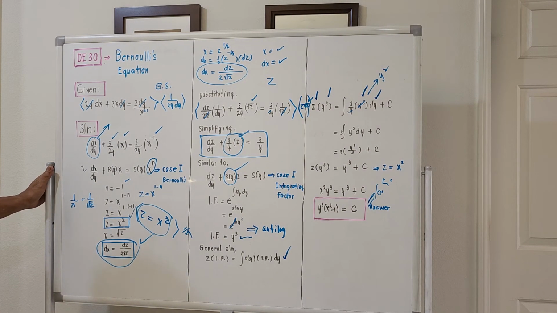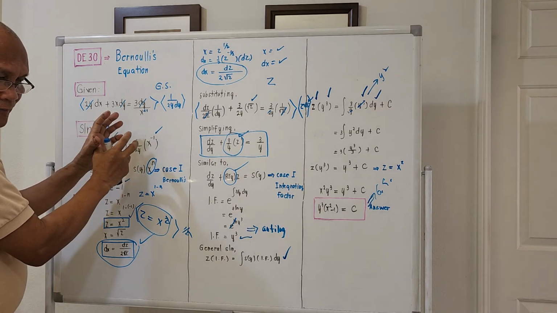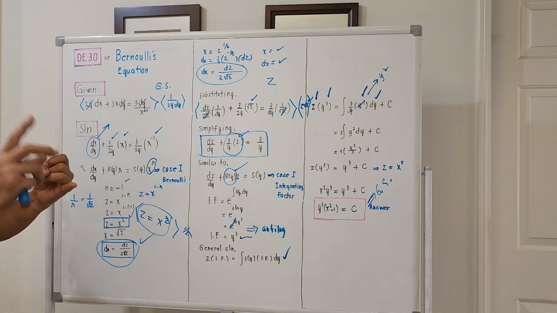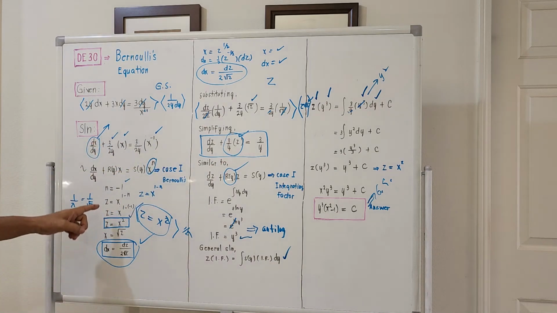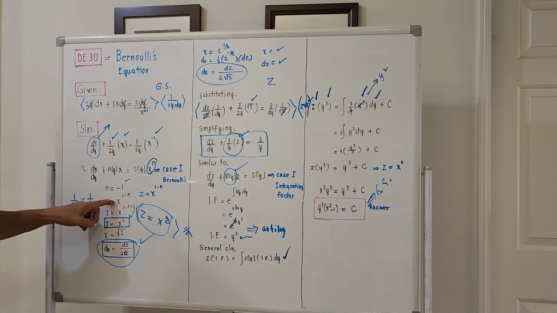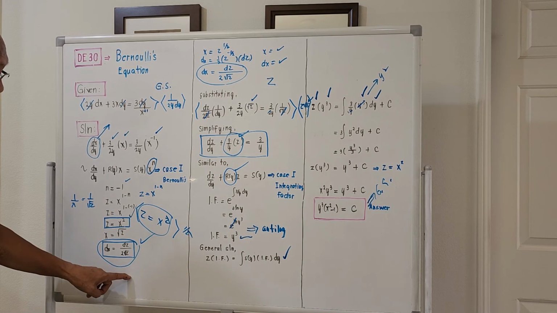You try to simplify the given differential equation for it to fall under case number 1 or number 2 under Bernoulli's. Then you make a substitution after identifying the correct value of n. You get the relation of z in terms of x and dz in terms of y.